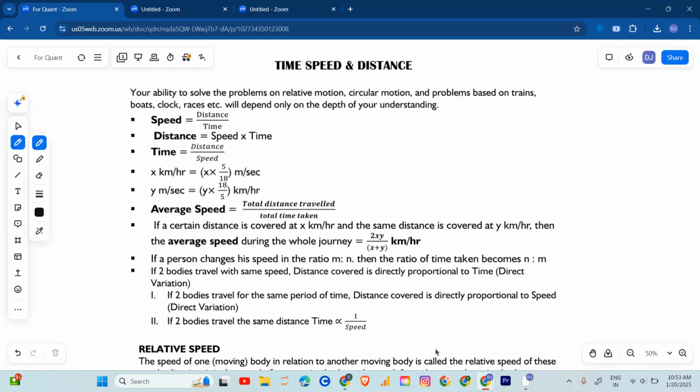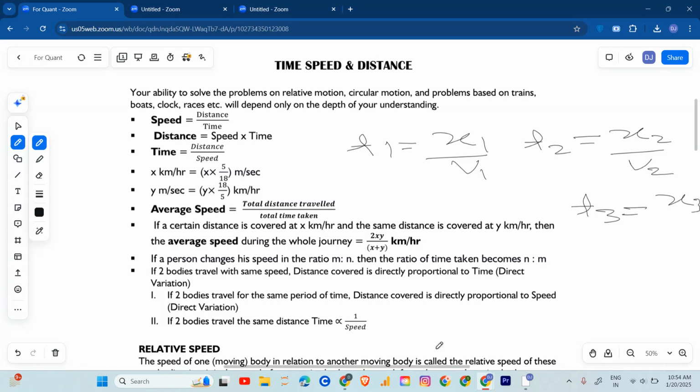Total time taken will be: t1 is equal to, we know that time is equal to distance upon speed. In the first case, our distance is x1, so x1 divided by v1. Now in the second situation, our distance was x2, so t2 is equal to x2 divided by v2. Fine. In the third case, time is t3, and we have distance x3 divided by v3.